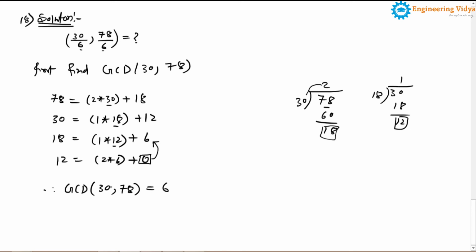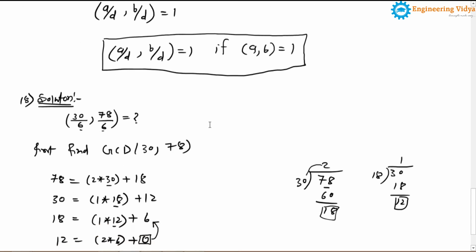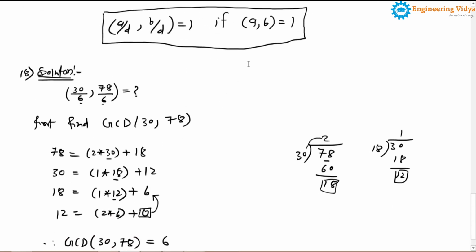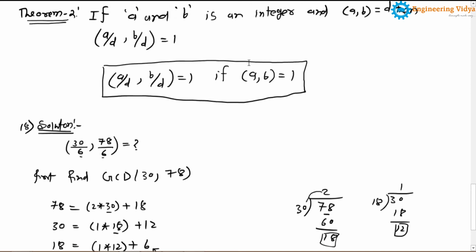So now again we'll read the theorem. The theorem says that if the GCD of A comma B is D, then A by D and B by D will be equal to 1.